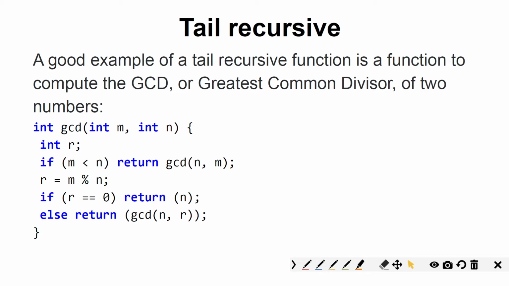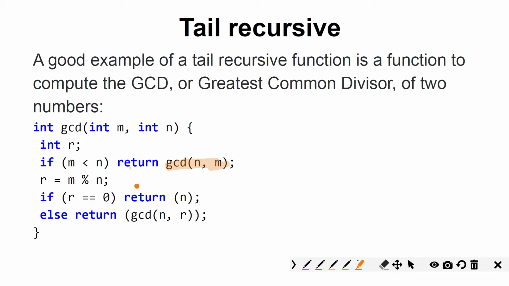If you have the greatest common divisor or GCD function and two parameters m and n, you're calling the function here. You're returning the first recursive call here, and you get some result.